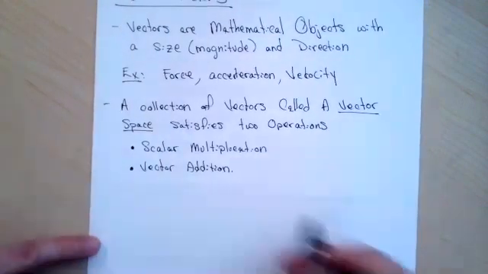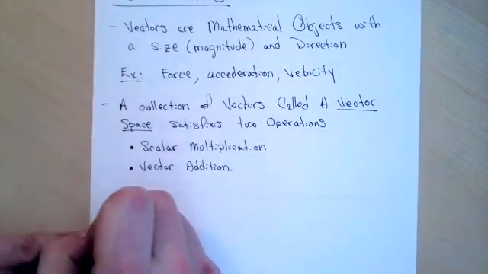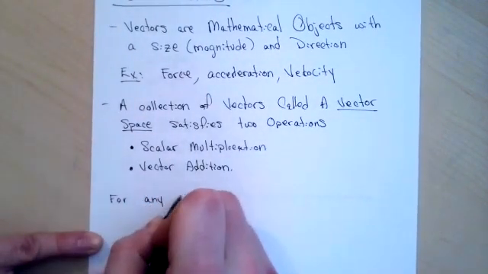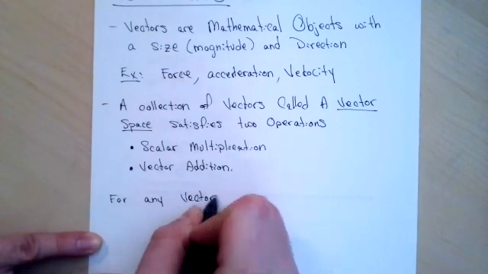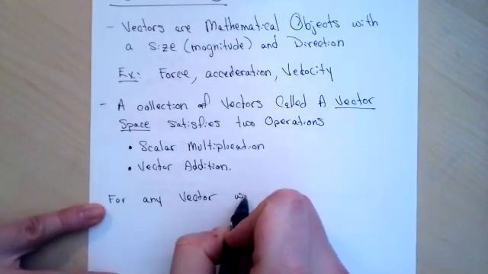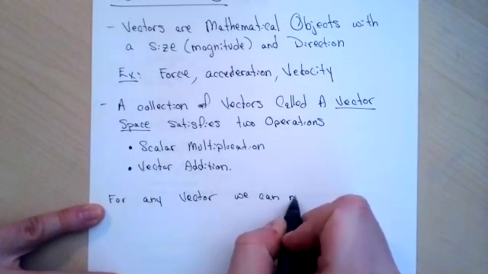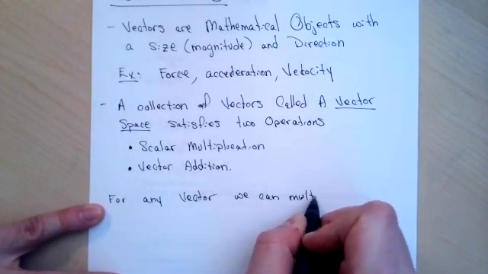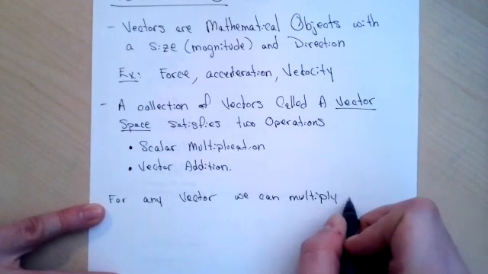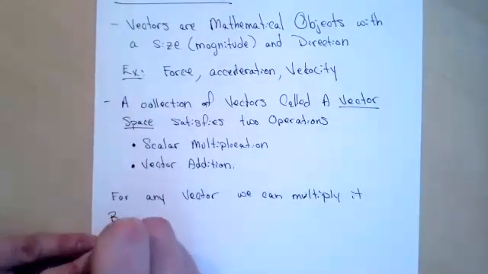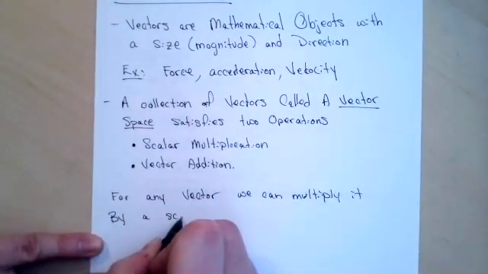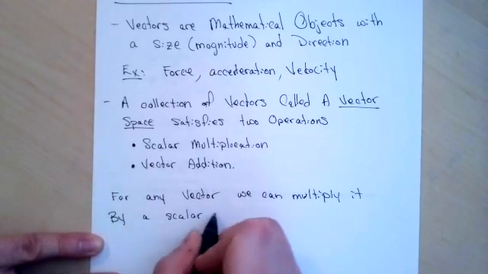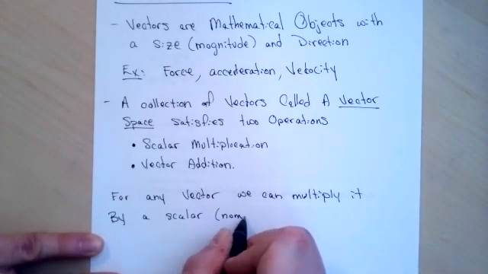What does this mean? This means that for any vector, we can multiply it by a scalar. And what do we mean by a scalar? Just a number, a real number.